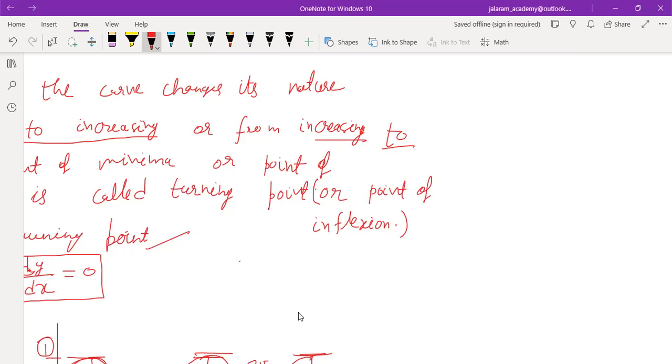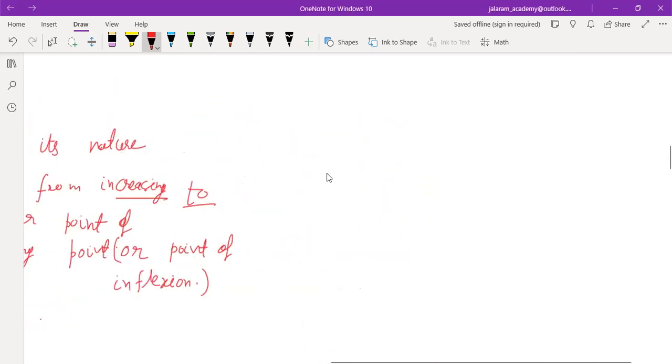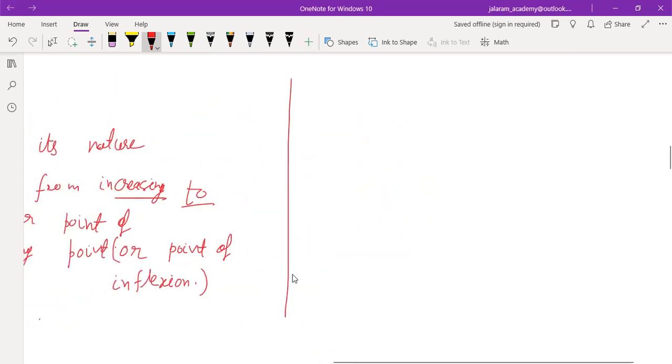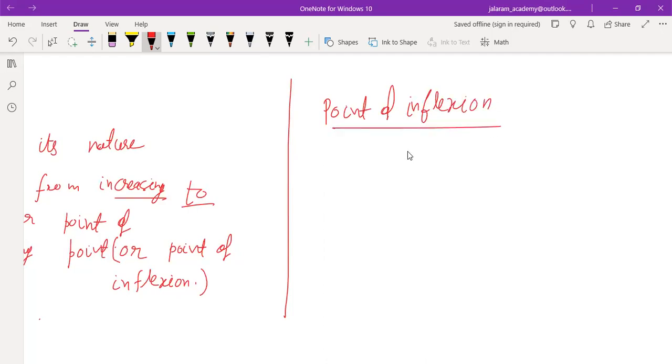So when it is the point of inflection, write about the point of inflection. The point of inflection is the point where dy by dx becomes 0. This we already have studied.